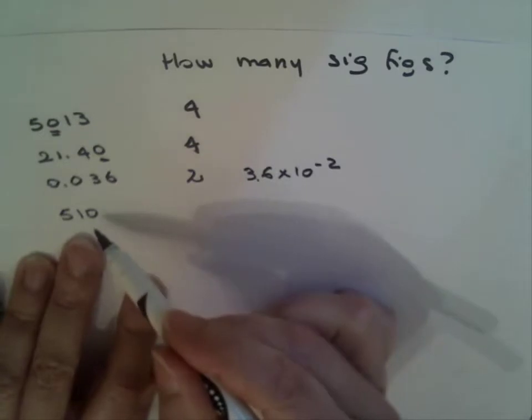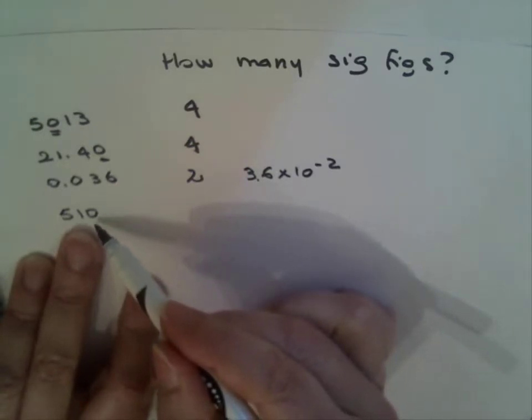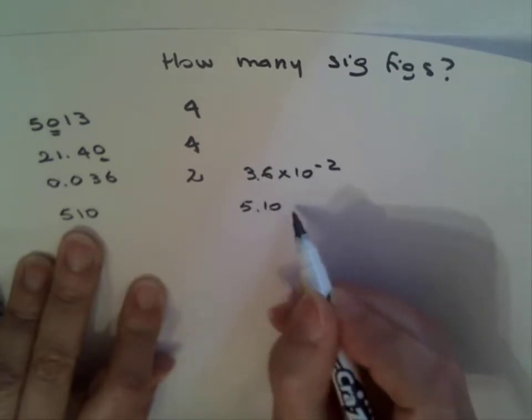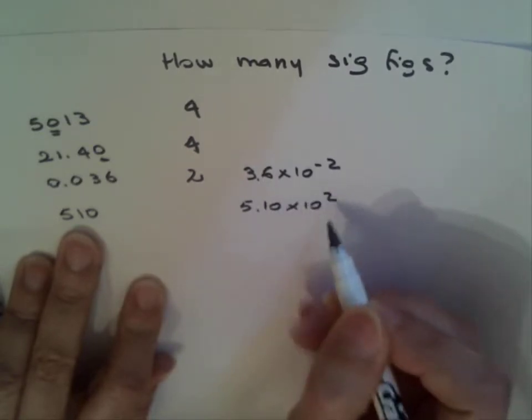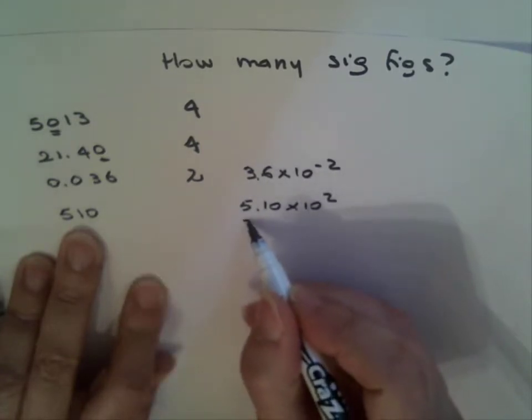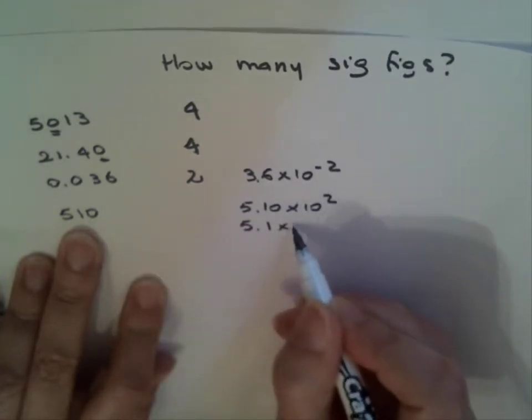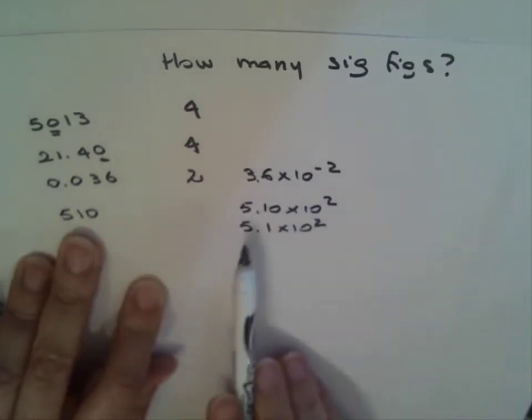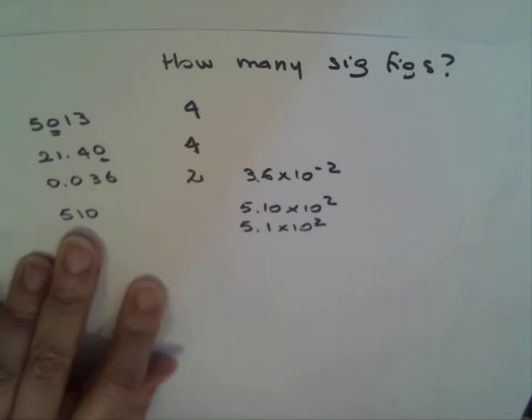Now, if I want to indicate that this 0 is significant, I will write this as 5.10 times 10 to the second. If I want to instead say that this 0 is non-significant, I will write 5.1 times 10 to the second. Now, in this case, I'm telling that there are either 3 or 2 significant figures.